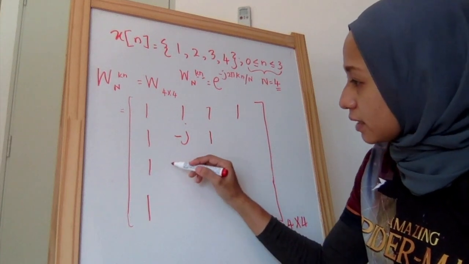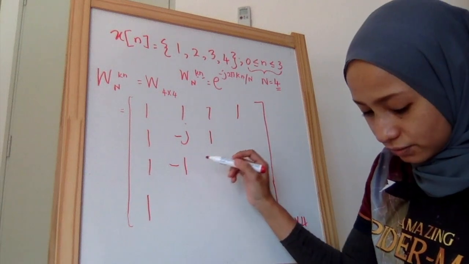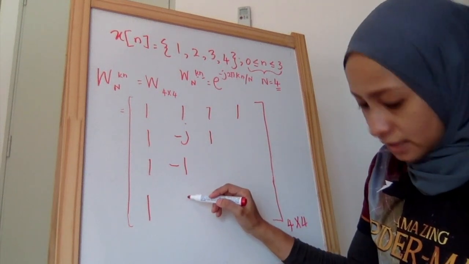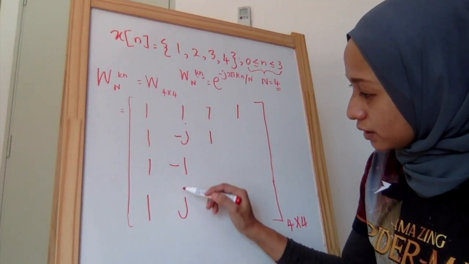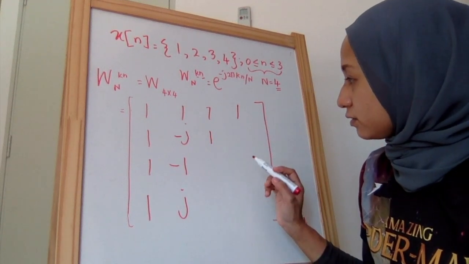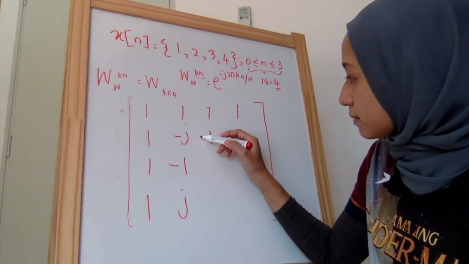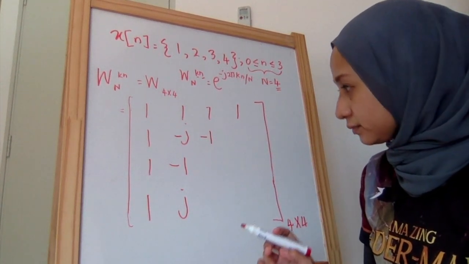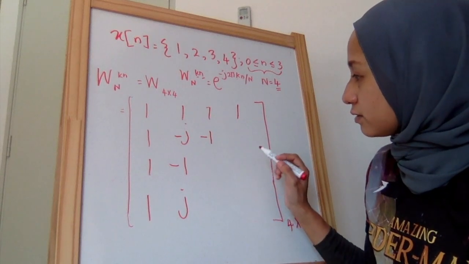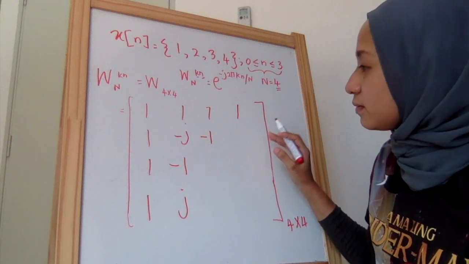W421 is minus 1. Next you know that W31 is j. So what you have to do next is, oh sorry, this is minus 1. What you have to do is something like in linear algebra technique.